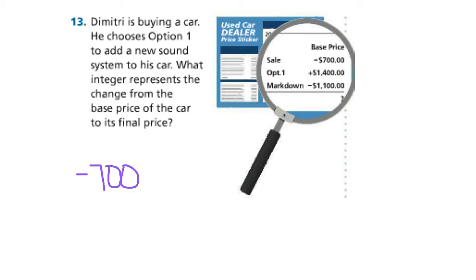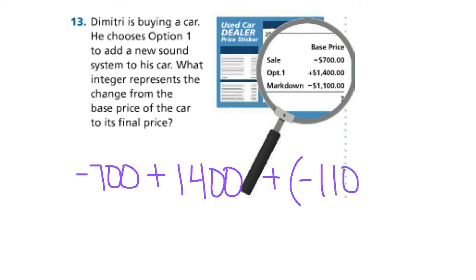But he's choosing an option to add a sound system to his car, which is going to cost him $1,400. But then he got lucky and there is a markdown. Markdowns are negative, so it is going to decrease the price by $1,100.